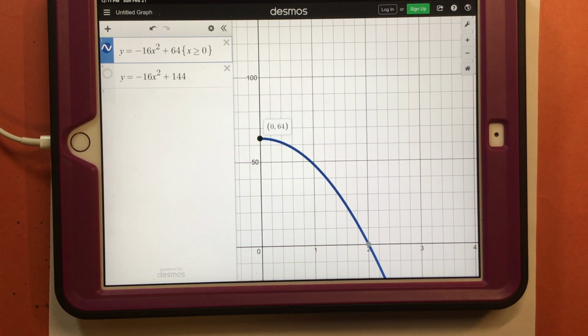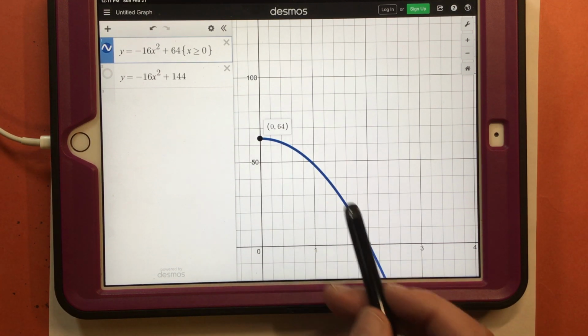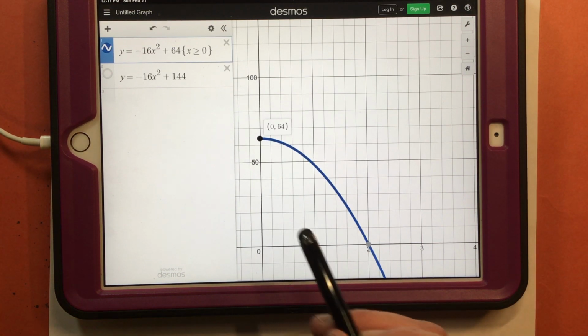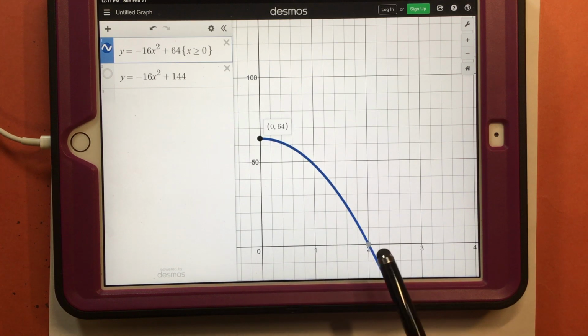The water balloon probably dropped straight down. Probably. There's nothing in the story that says otherwise. This graph is not the path that it took. It could be, but it doesn't have to be. This is just the graph of time. So to go from 64 feet down to 0, it took 2 seconds.